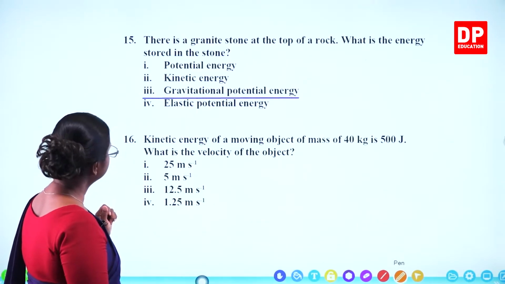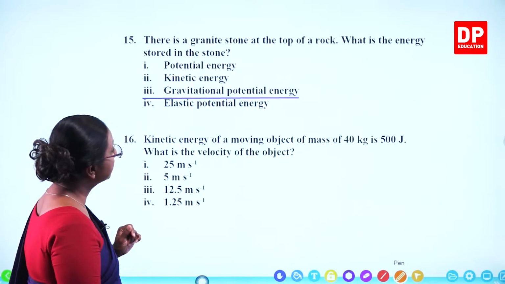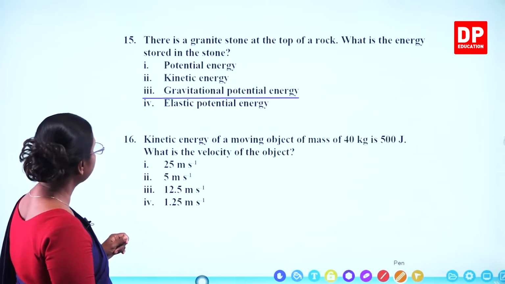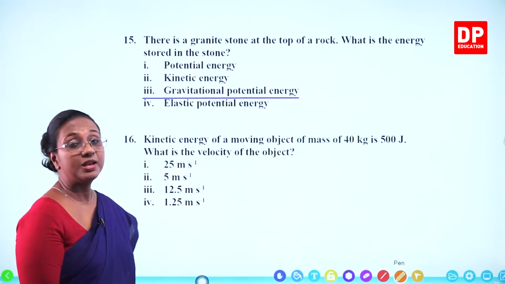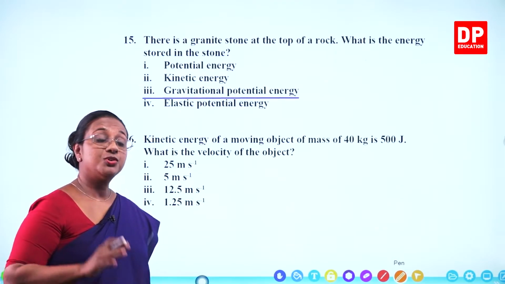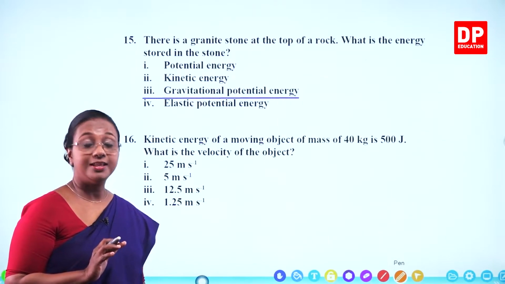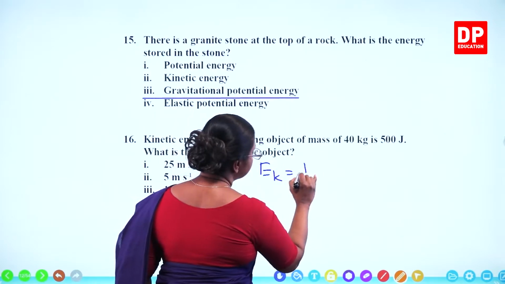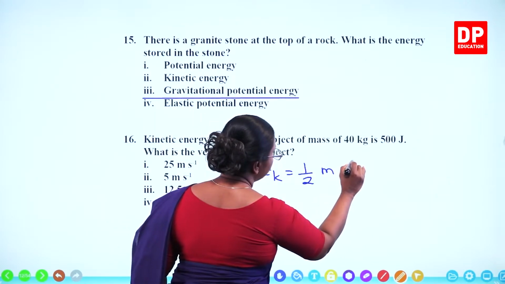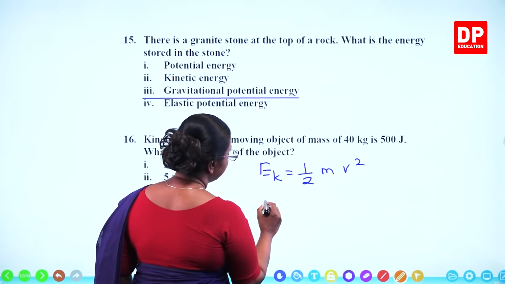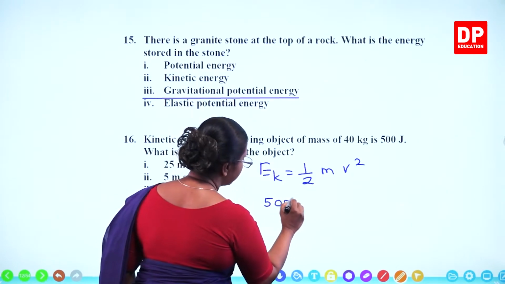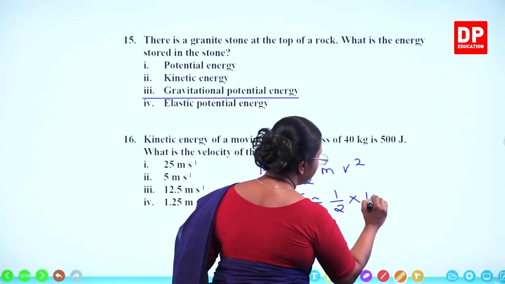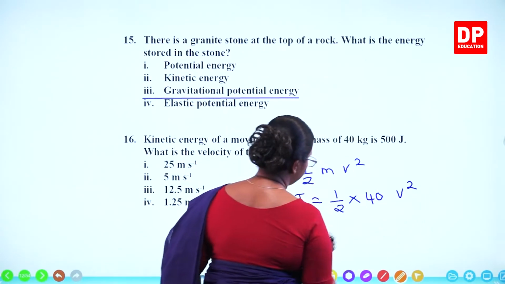So then, 16. Kinetic energy of a moving object of mass 40 kg is 500 joules. What is the velocity of the object? So to do that, what do we need? We need the equation E kinetic equals half mv squared. So kinetic energy is given to you as 500 joules. You have half, mass is 40. We need to find v squared.